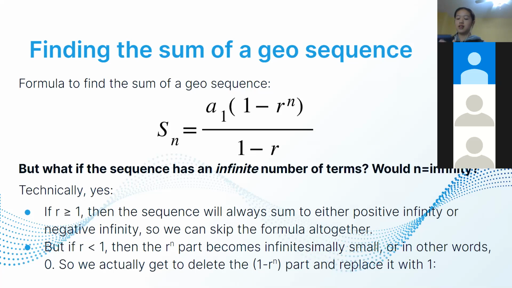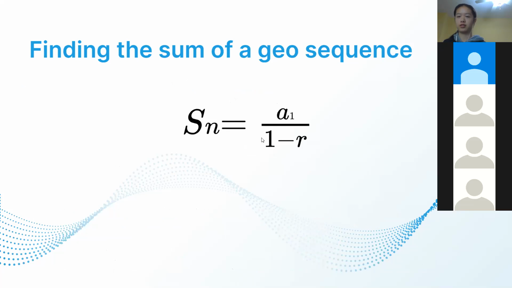And if you do that an infinite number of times, this r raised to the n power part is going to be so small, you can basically say it's 0 and just delete it. Now because r to the n is 0, 1 minus 0 is just 1. So this entire part disappears, and now we get this new formula, which is easier to use.